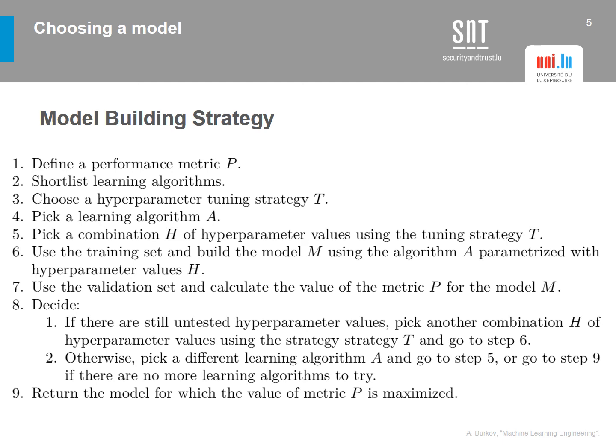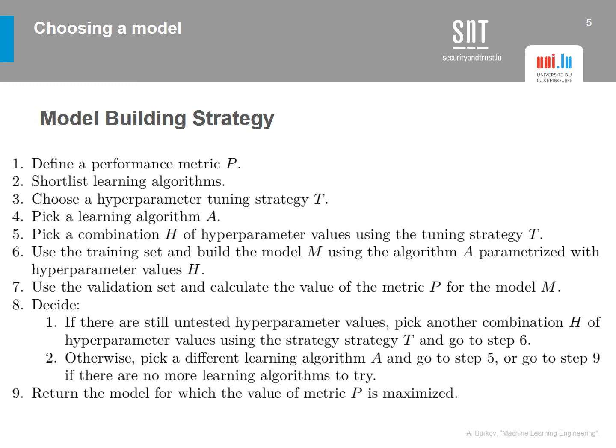In the next step, we choose a hyperparameter tuning strategy. This is what we just talked about, that is to use grid search or random search or any other strategy. Then we pick a learning algorithm among the shortlisted candidate algorithms. For example, we decide to use a decision tree or any other that we found suitable.